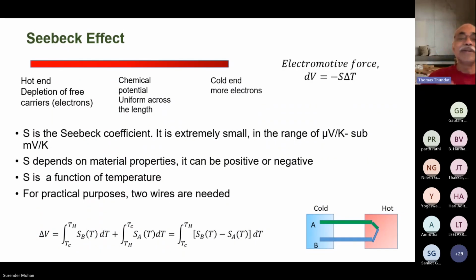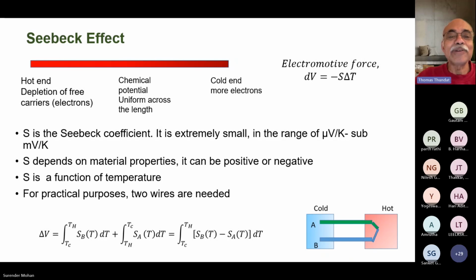So let's look at the Seebeck effect. The Seebeck effect is basically a thermocouple. You take a piece of wire, a metal or a semiconductor, and you heat only one side, so there is a gradient.